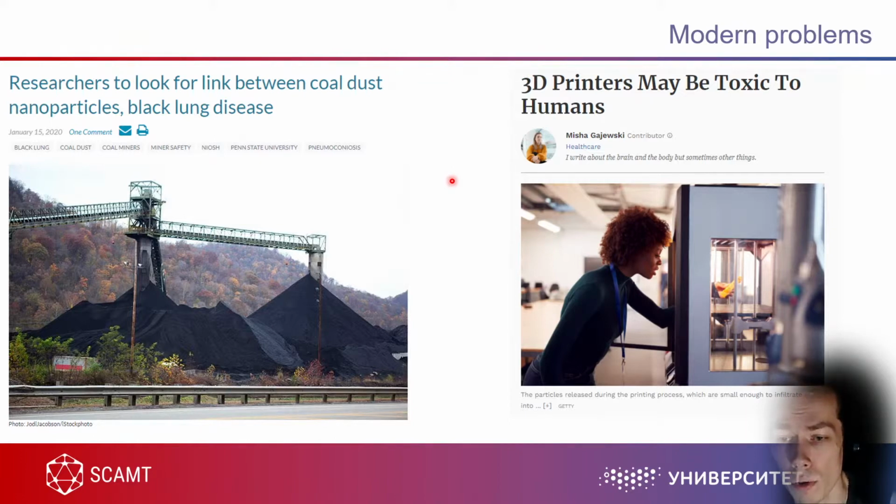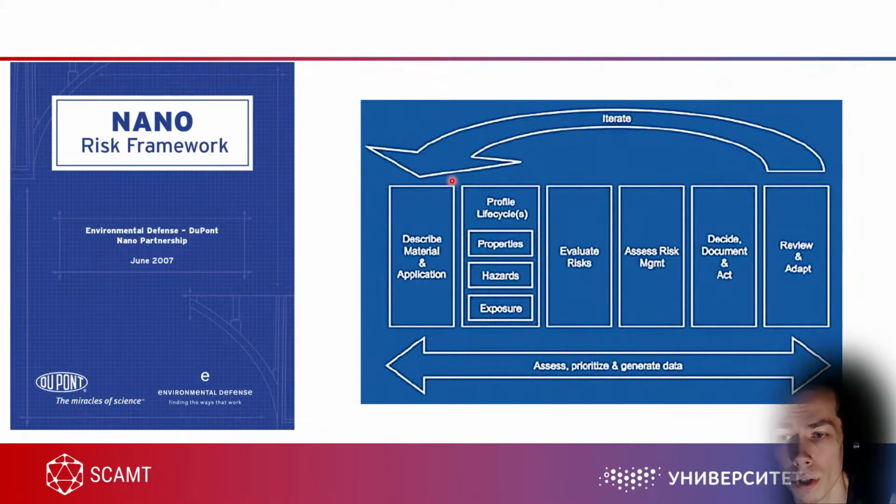And because of this, for example, in Europe and in the USA, a lot of different frameworks, a lot of environmental protocols were published in the past 15 years or so, devoted to evaluation and assessment of risks connected with nanoparticles.